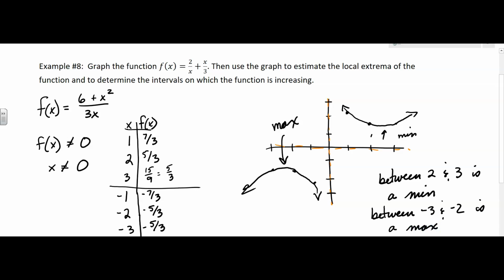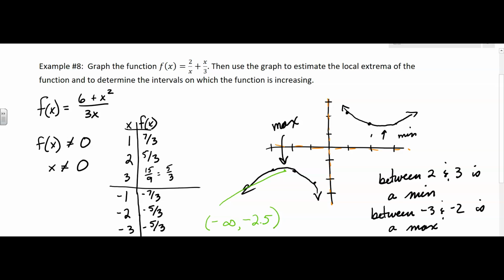Okay? Where do we think the function's increasing? Well, we think it's increasing in 2 spots. It looks like it's going to be increasing from here up to that local max. So from approximately negative infinity to, I'll just say, negative 2.5.